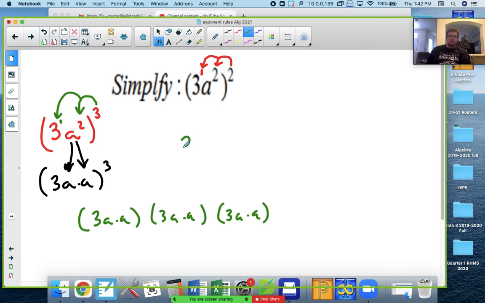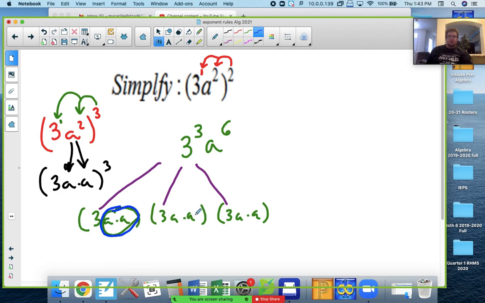So 1 times 3 gives us 3 to the third. 2 times 3 gives us a to the sixth. And that's actually what we see. We see 1, 2, 3 threes. And then we see 6 a's.